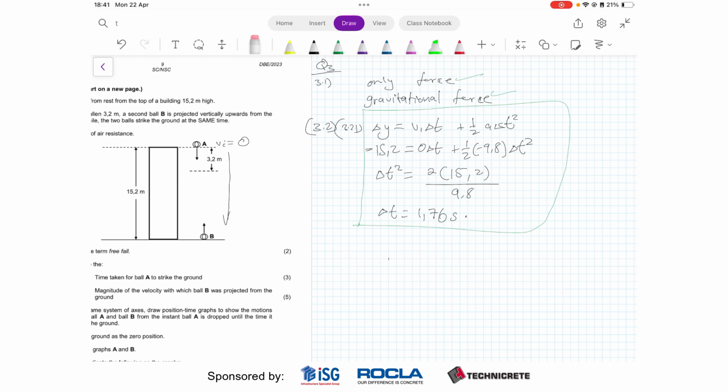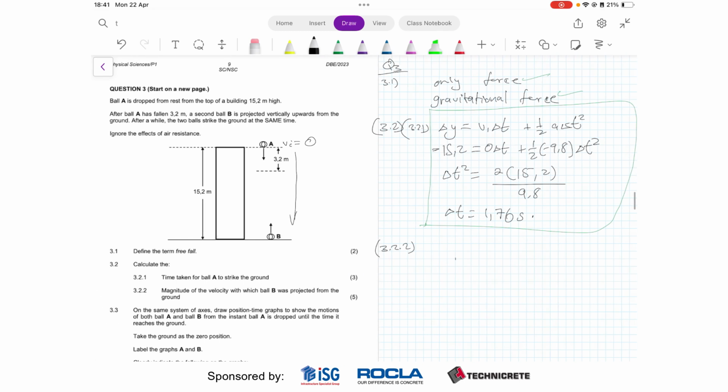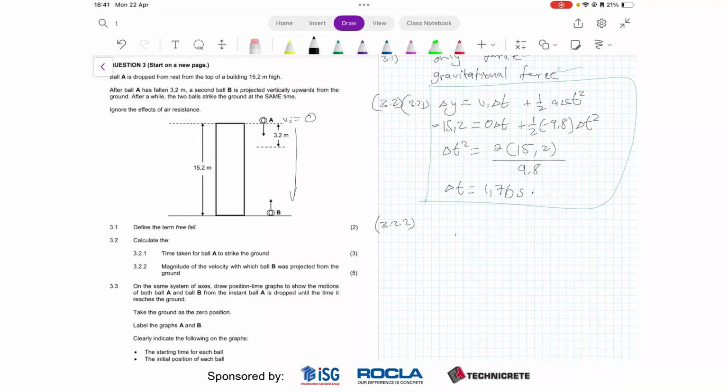Moving on to 3.2.2. We're required to find the magnitude of the velocity with which ball B was projected from the ground. All right. Now, ball B is projected up after ball A has fallen a distance of 3.2 meters.